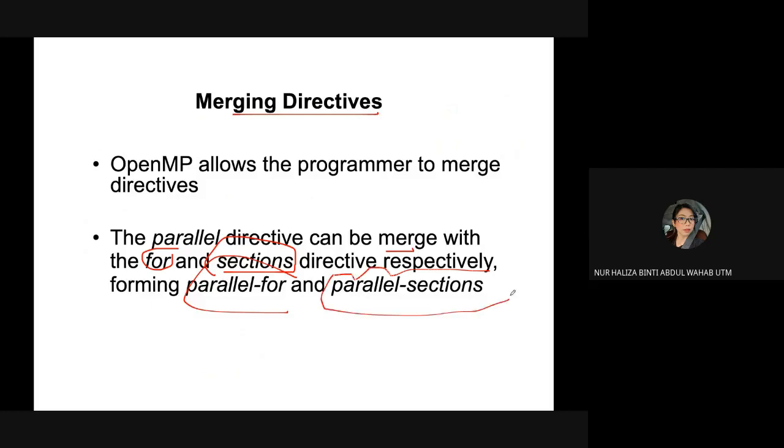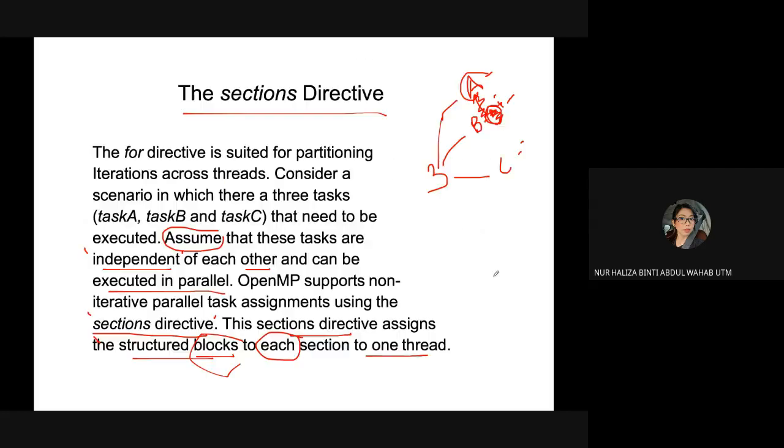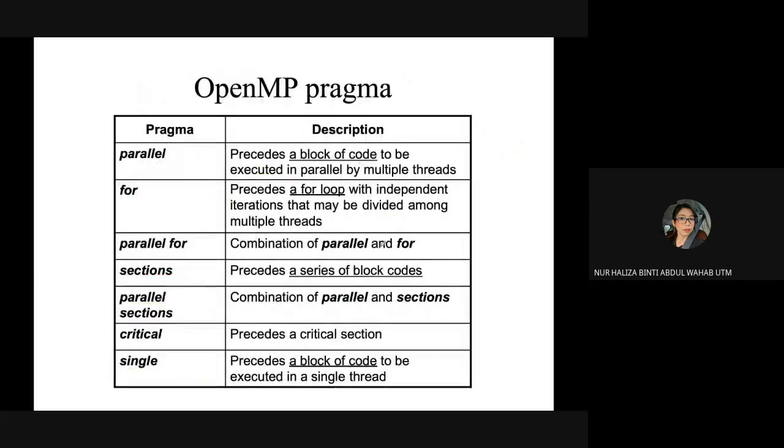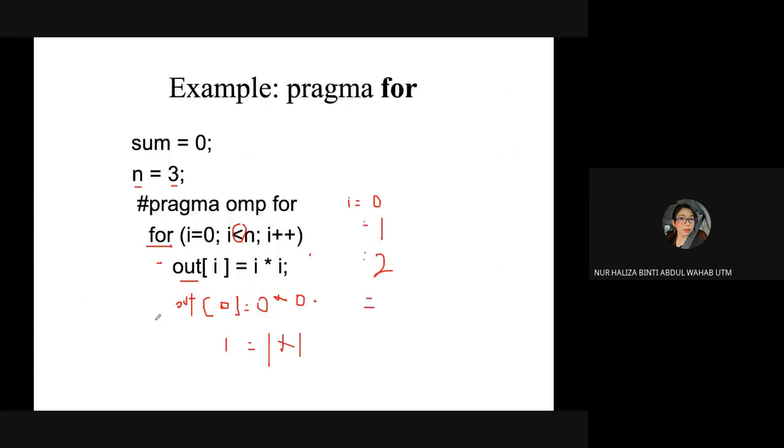If you look into your pragma table, you can see you can combine several, like parallel for and parallel sections. There are no other combinations, isn't it? So you're going to combine these two only under a merging directive.